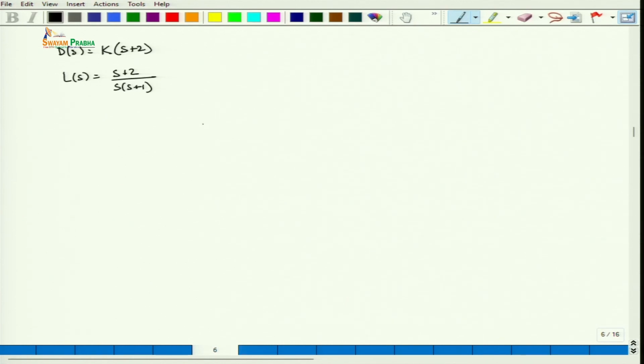So in this scenario, we can plot the root loci, the real axis, imaginary axis. We have two poles, s equal to 0, s equal to -1, and we have one 0 here at s equal to -2.